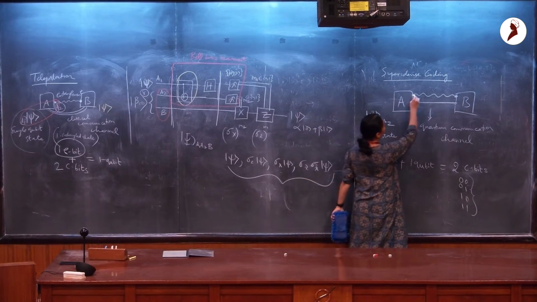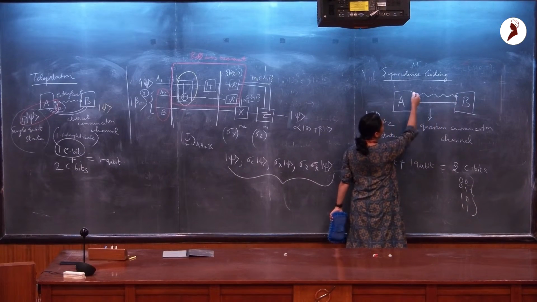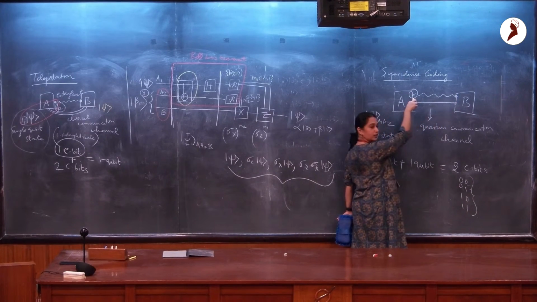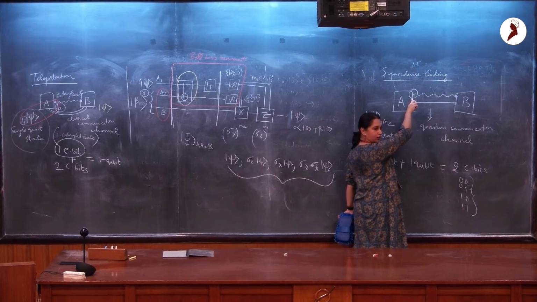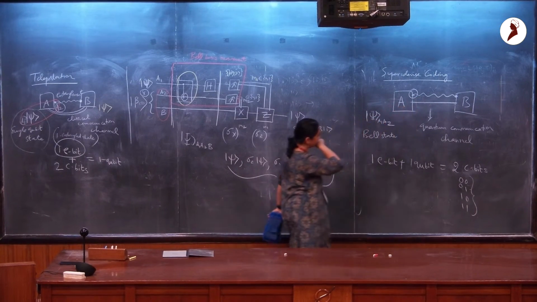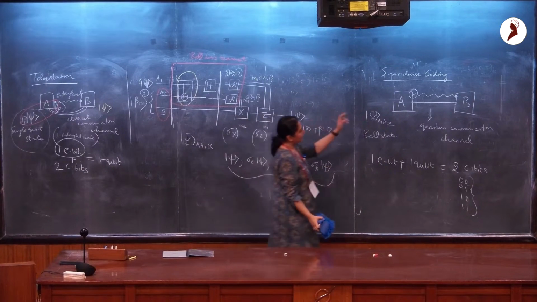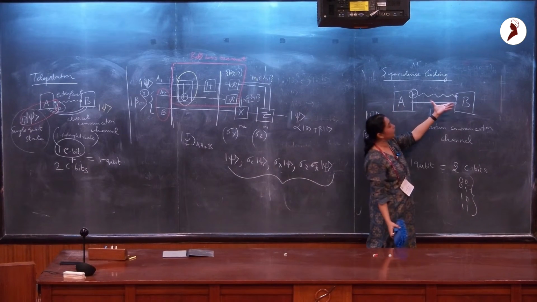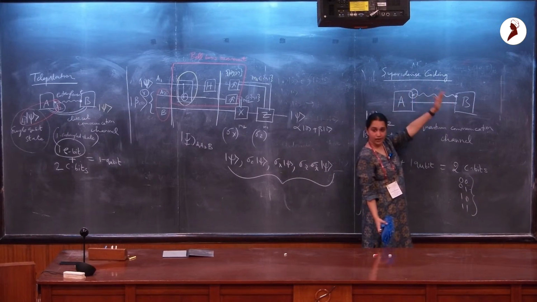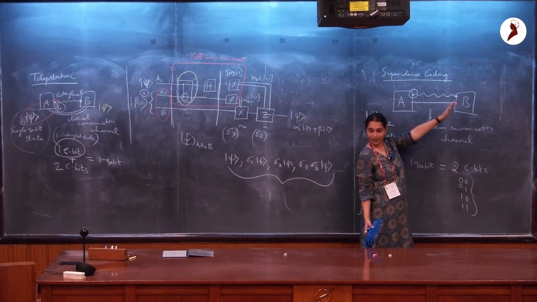So now the point is, A can only apply local unitaries on her half of the entangled state. I hope the idea is clear. Someone, let's say, has already distributed this entanglement to them, so each one has one half of this bipartite state.